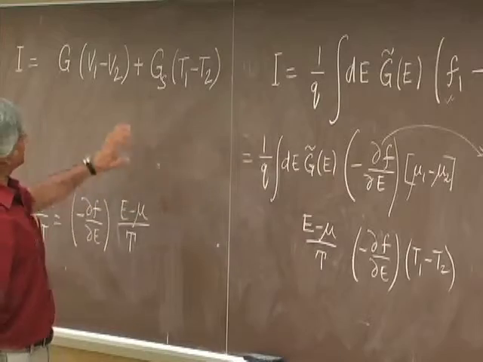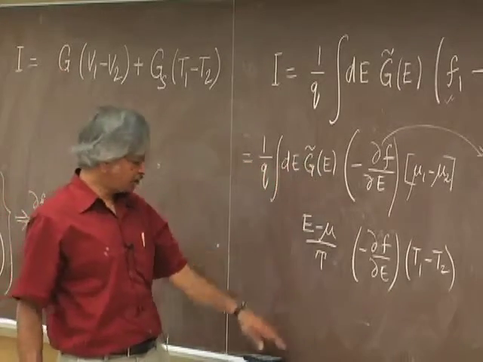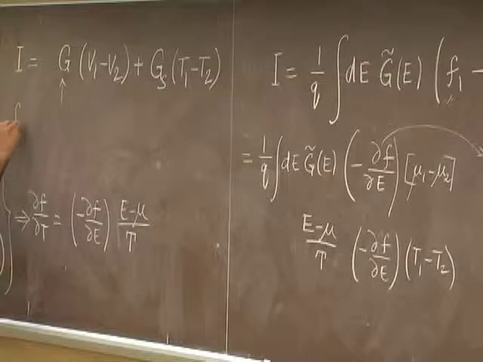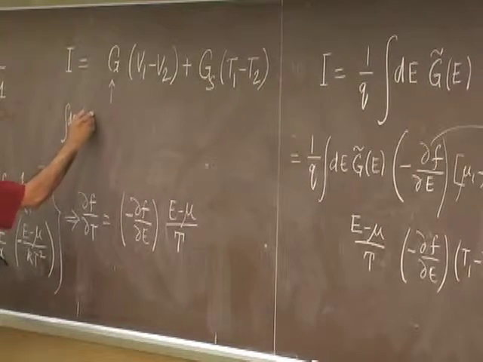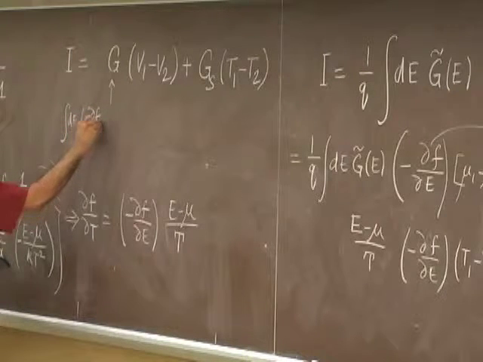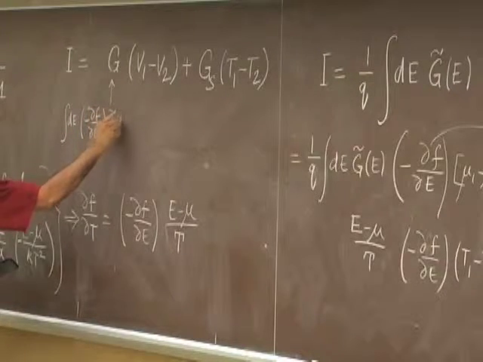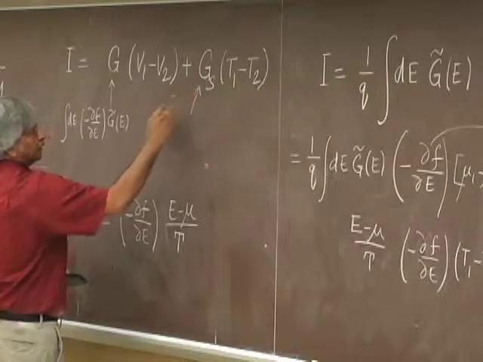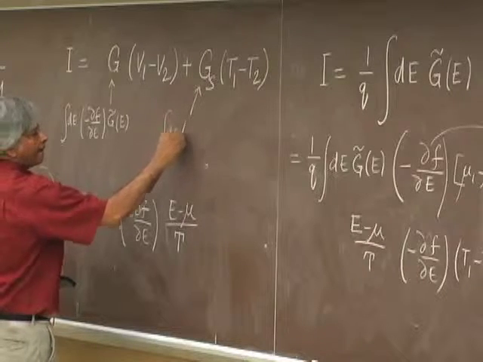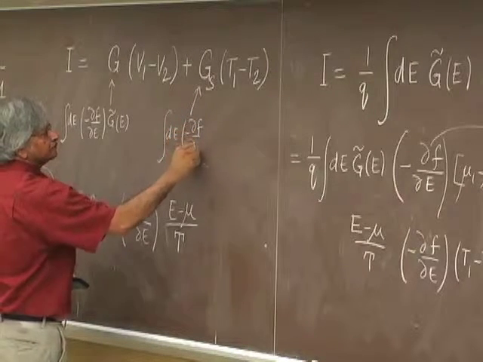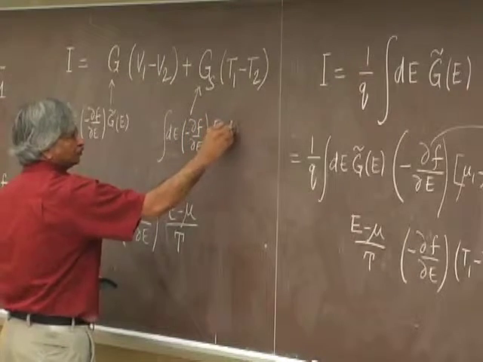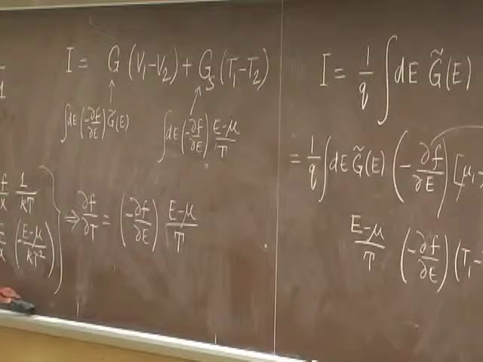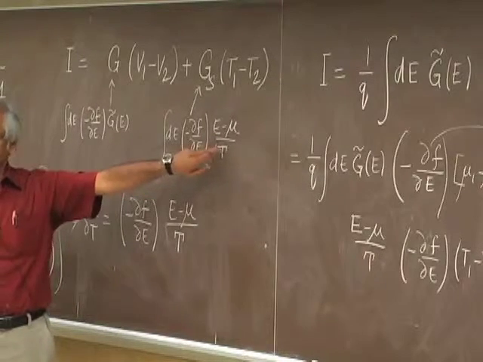So the conductance is like the first one, integral dE minus del f del E, and this one will look like integral dE minus del f del E times (E minus mu) over T. So you have this extra factor in there.